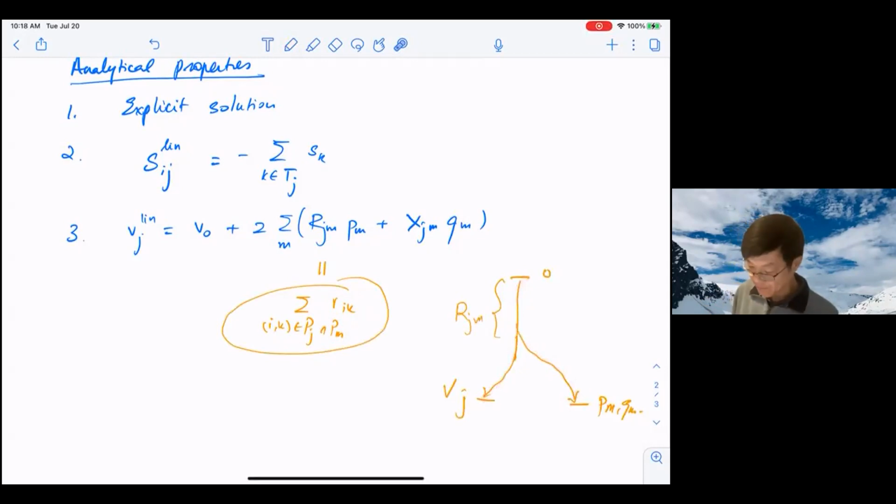That's what R_jm is. Similarly for X_jm, you sum up the reactances. So that's what it is. It depends on the impedances on the common path.